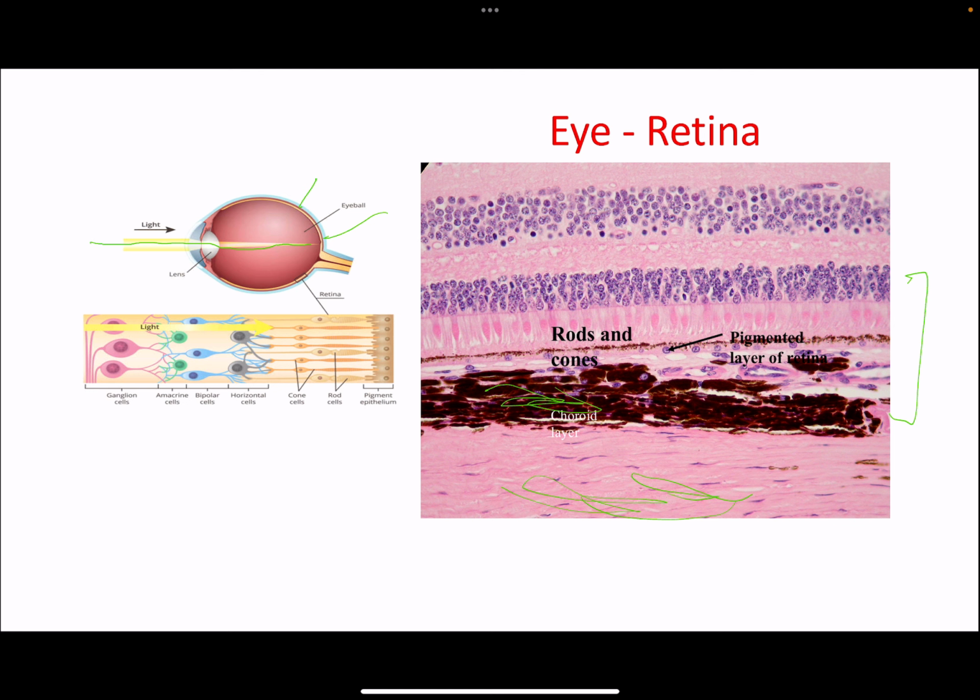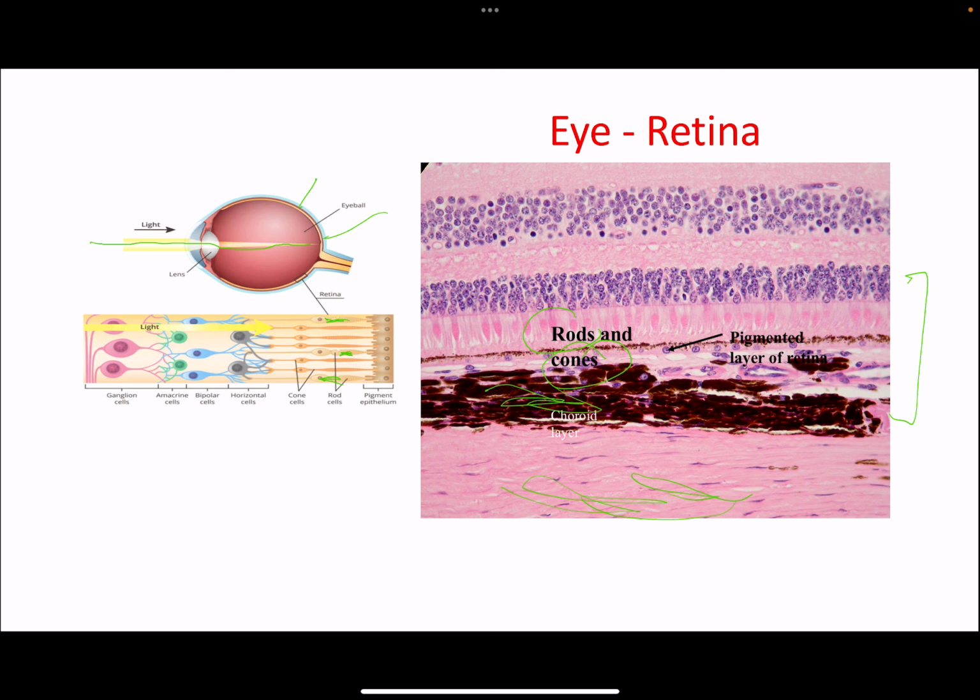So the retina, when you look at that, there are rod cells. There are two different types of cells, mainly rods and cones. Rod cells, this is one rod cell. This is a rod cell, these are rod cells. They are mainly for seeing in the dark, black and white images, dim light.